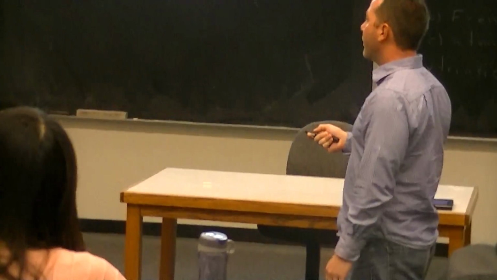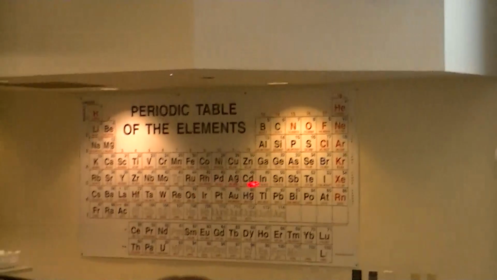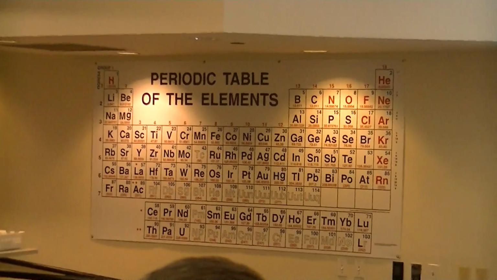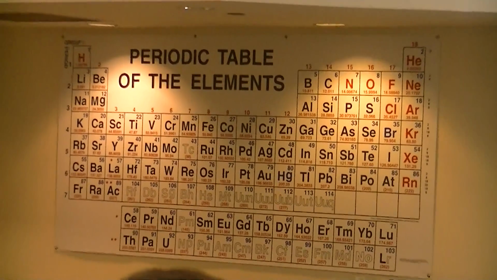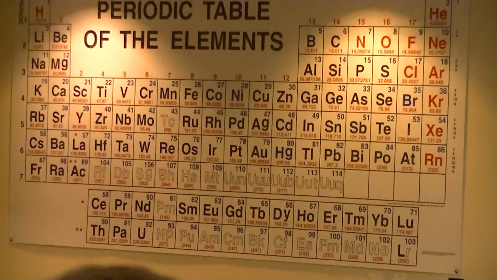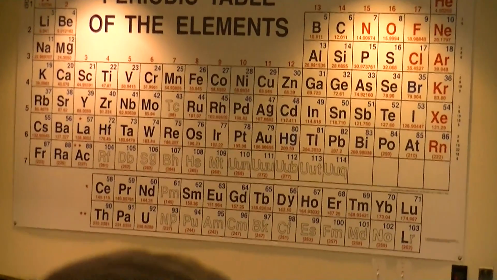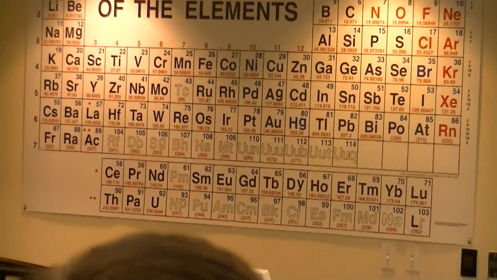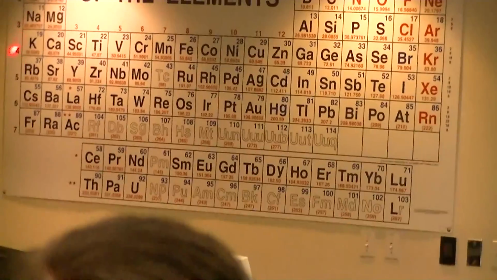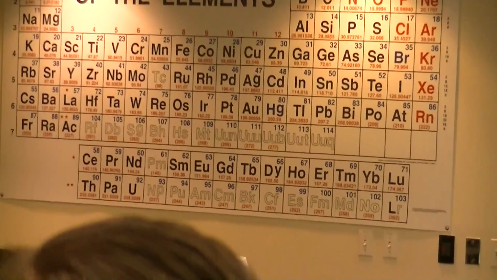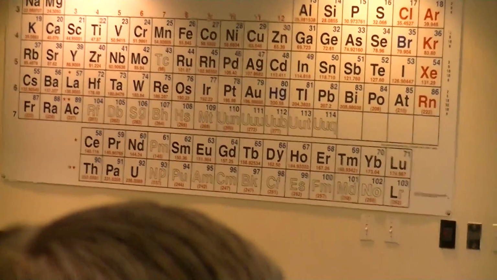But imagine, for example, what's going to happen if you compare rubidium +1 and silver +1. Which one is smaller? Silver is going to be smaller. And this is a general trend. When you move from left to right in the periodic table, the ionic radius is going to decrease as well.